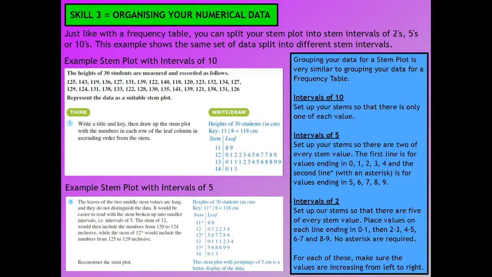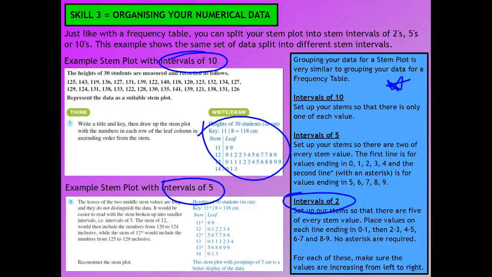With a stem and leaf plot, we can sort these into intervals as well, like a frequency table. So we can have intervals of 10 or intervals of 5, and we can also have intervals of 2. I've explained these on the right over here as well. Intervals of 10 is what we just showed you, and this is another example here of heights of 30 students. If you do intervals of 5, you need to have them split over 2 lines, so anything ending in 0 to 4 and anything ending in 5 to 9.